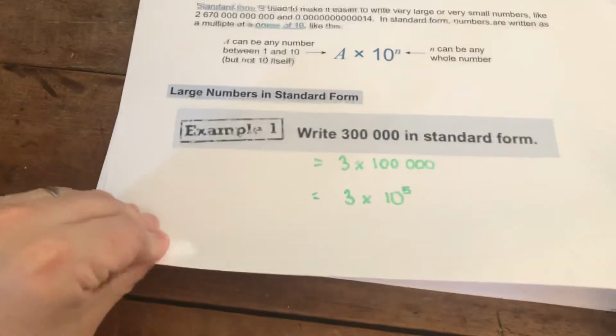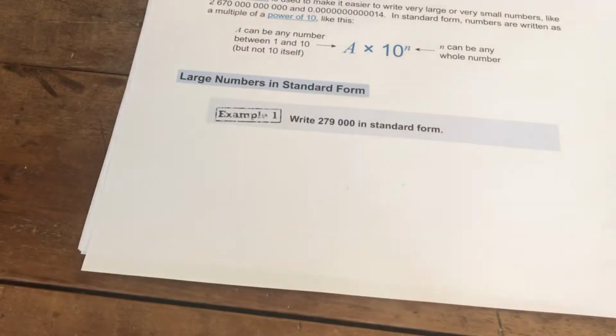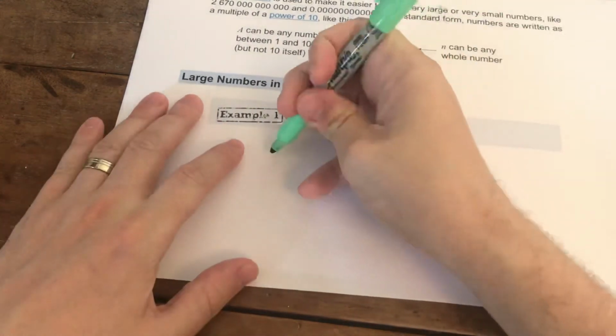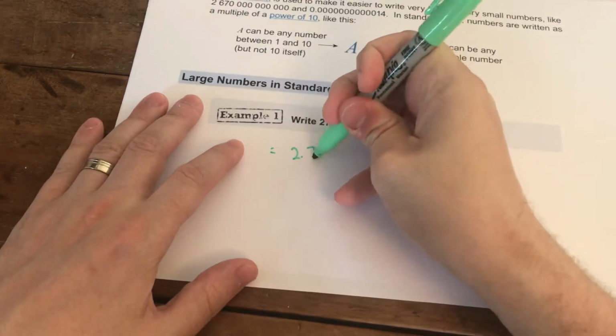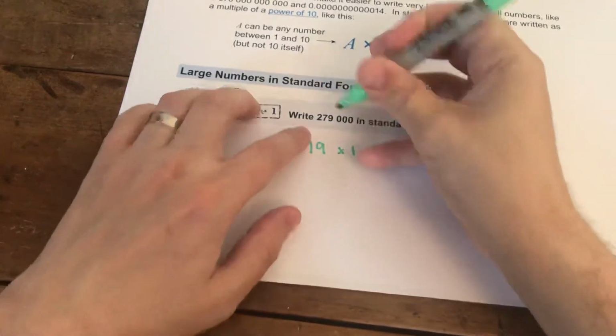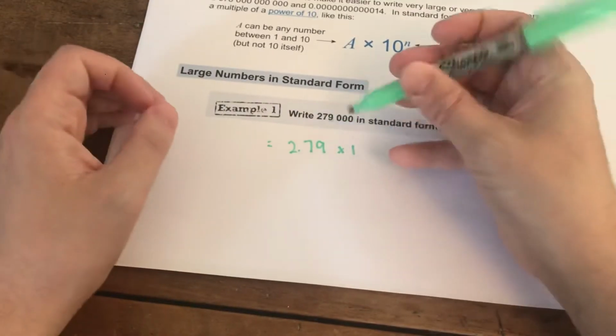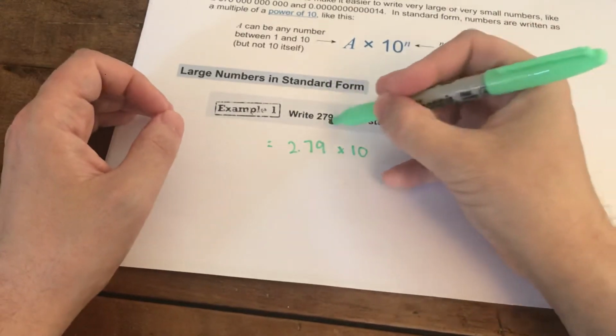For our second example, it looks slightly more complicated. We have 279,000 in standard form. Again, there are two ways you can do this. You can jump straight to putting your 2.79 in, then imagine you put your decimal point in here and ask how many times is that being times by 10 to get my number.